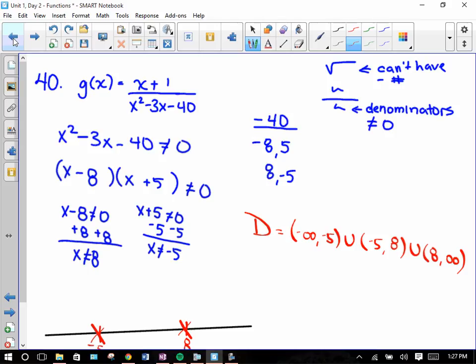And we did which numbers are the domains for 40? So let's look at some of these ones up here. 39 through 45. I gave you 18 through 40.